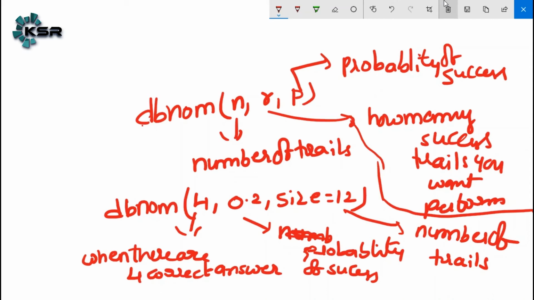So when there are only 4 correct answers, there could be a possibility of 3 correct answers also, and then 2 also will be there. Like how do we write that syntax?